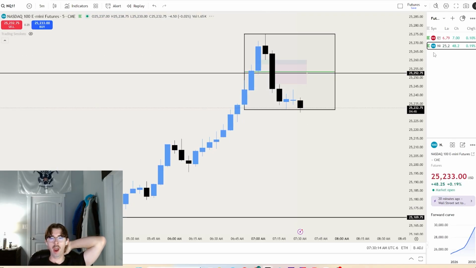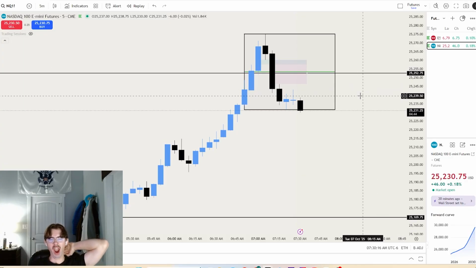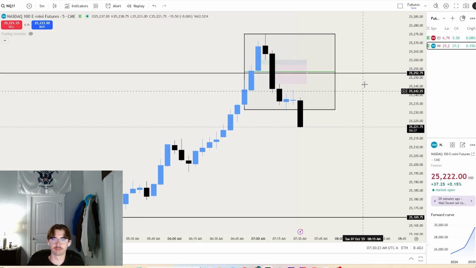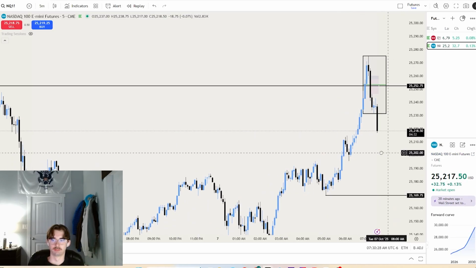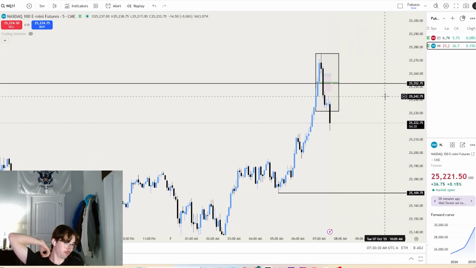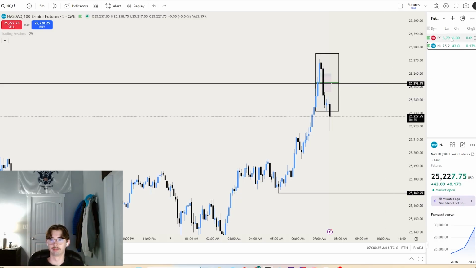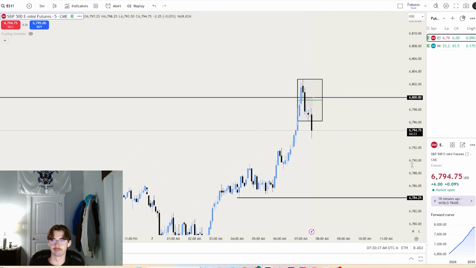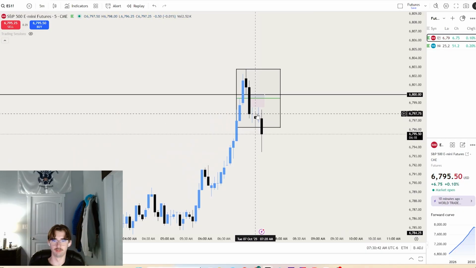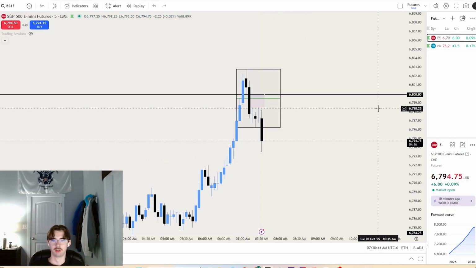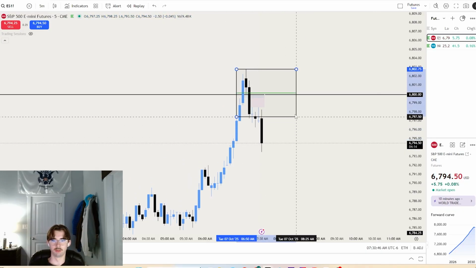It's terrible. Dead ass, what is this price action? Okay, so we gotta break structure now, potentially. I don't know. This is kind of dumb. I don't like this equilibrium.